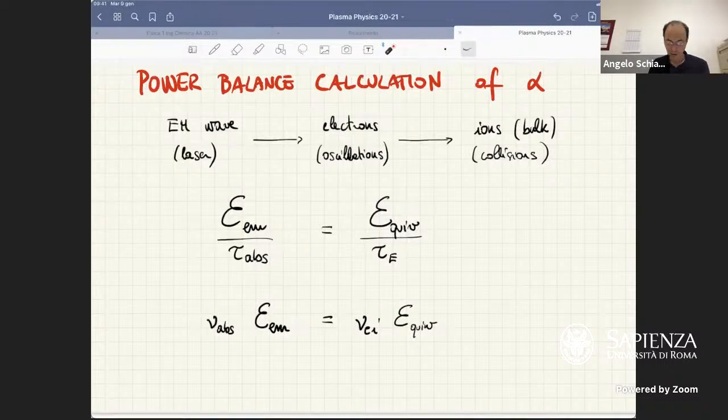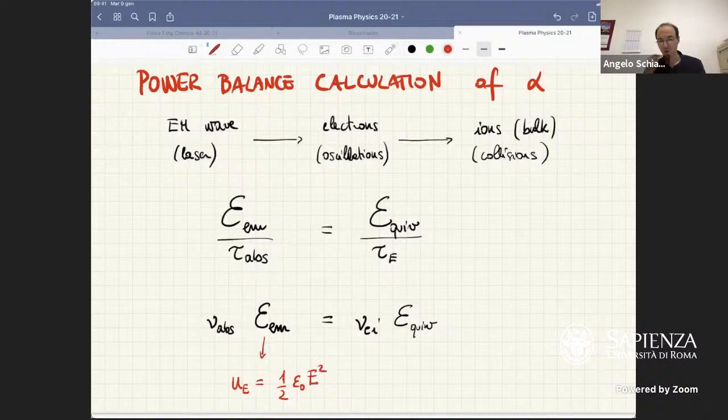Okay, so what is the density of electromagnetic energy? You should remember that for the electromagnetic field, the energy density is what we call U of the electric field, 1/2 epsilon naught E squared.